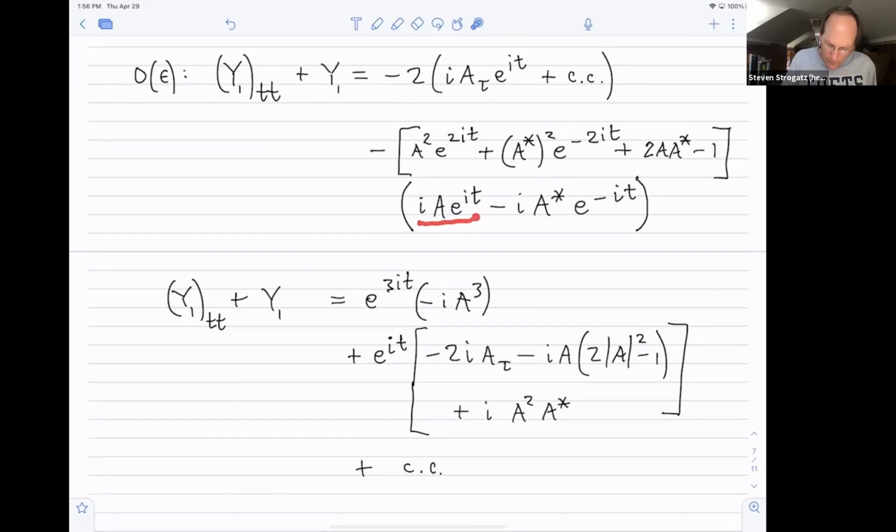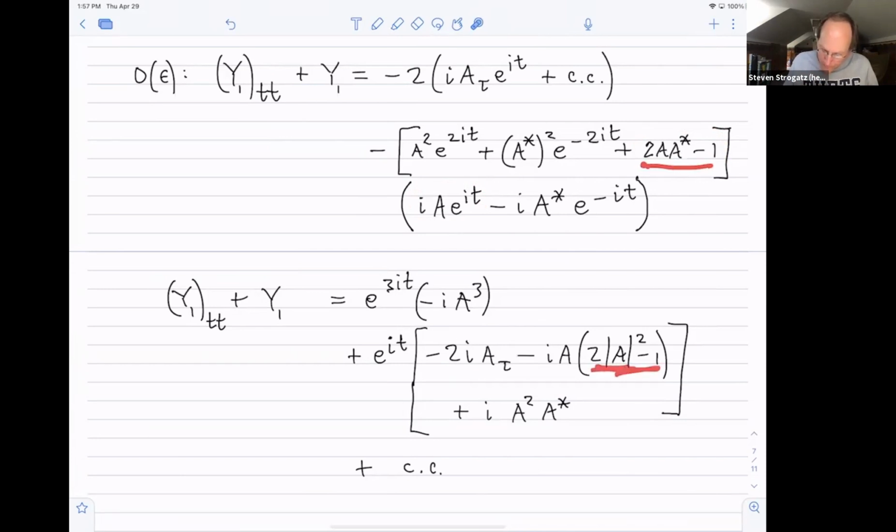I could do this ia e to the it times stuff that have no e to the it, which are these two terms. And those two terms, I've used the fact that a times its conjugate is what I'm calling the modulus or the magnitude of a squared, the complex number a, its magnitude squared. So that's giving me this term, 2 magnitude of a squared minus 1.